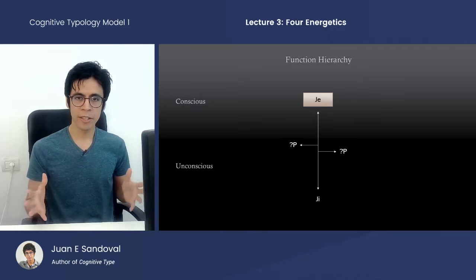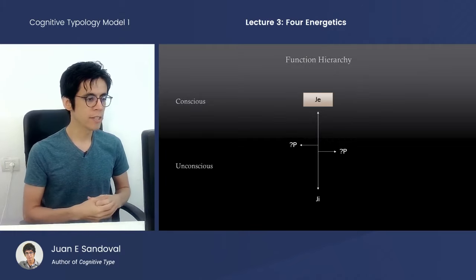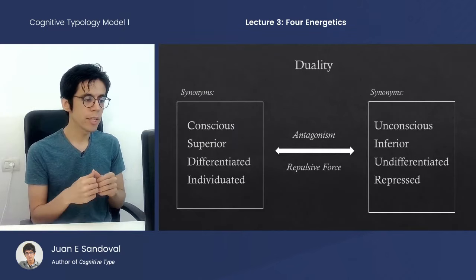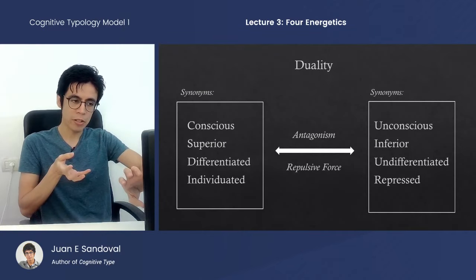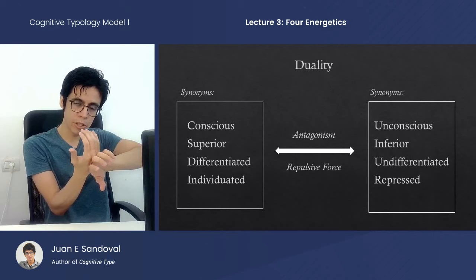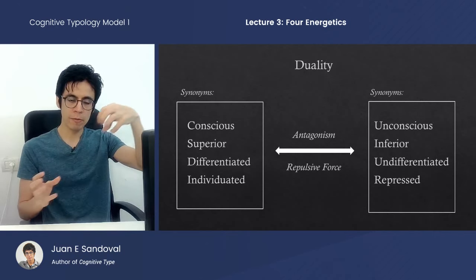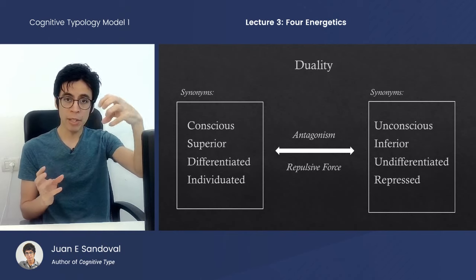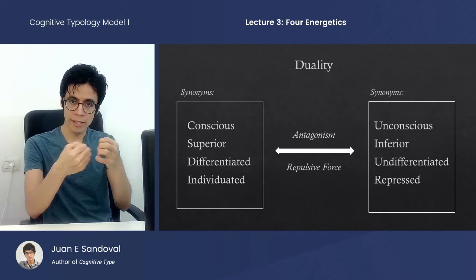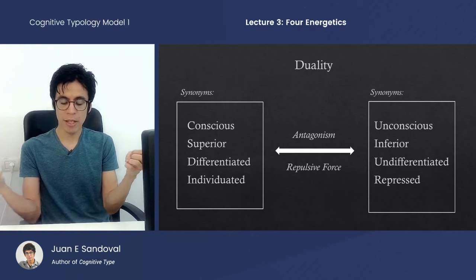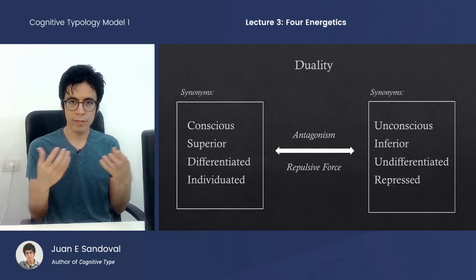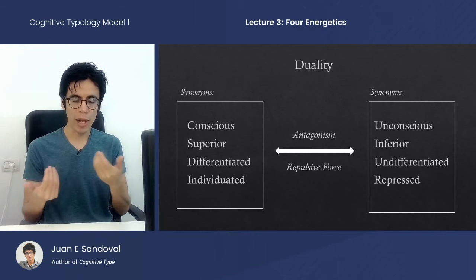And this is because Carl Jung believed wholeheartedly in psychological dualism. He believed that every push in one direction created an equal and opposite push in the opposite direction. And therefore, to have one function of the mind predominating meant that its antithesis would be repressed. Carl Jung used various synonyms when referring to this duality.